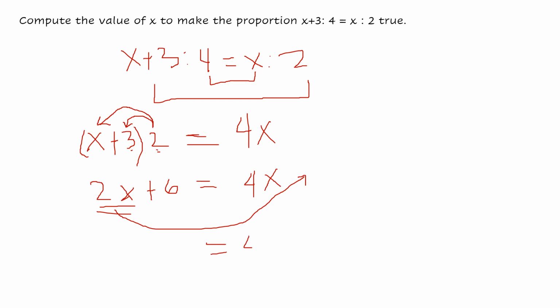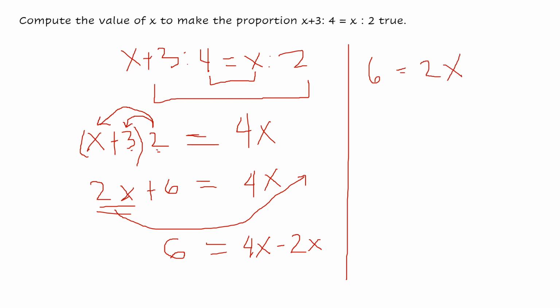Again, combining similar terms, we get 2x transposed to the other side. So we get 4x minus 2x equals 6 on the left side of the equation. So you have 6 equals 2x. But of course, we have to eliminate the numerical coefficient of x, which is 2.